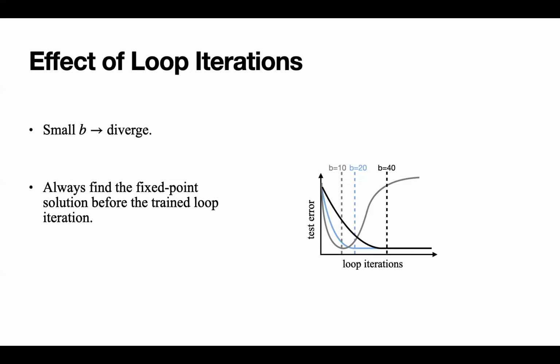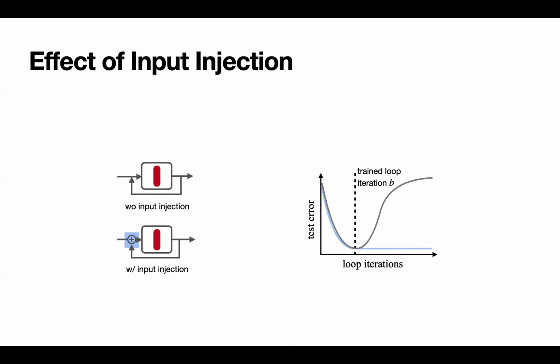Is input injection the same as a residual connection in a normal transformer? Good question. We know in a normal transformer there are residual connections. This is the actual extra input injection. Residual connections normally mean that after a transformer block, you pass the input of the block to the output.